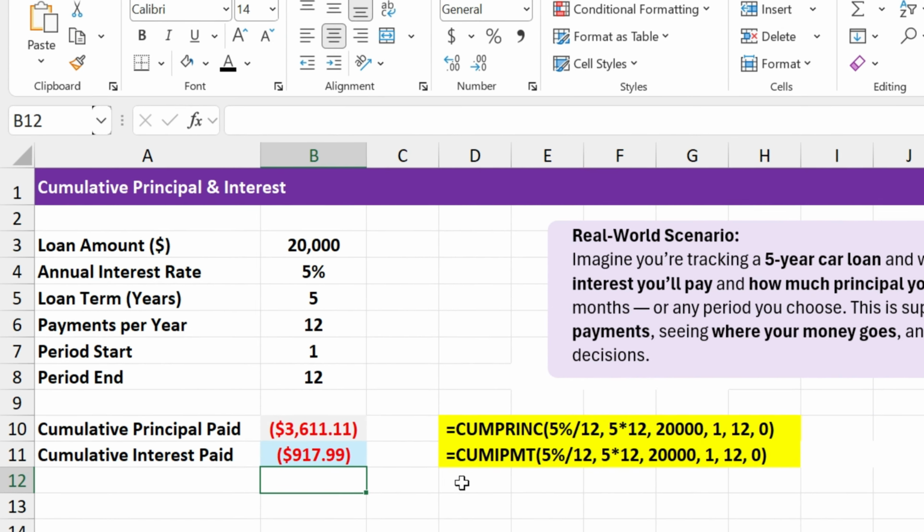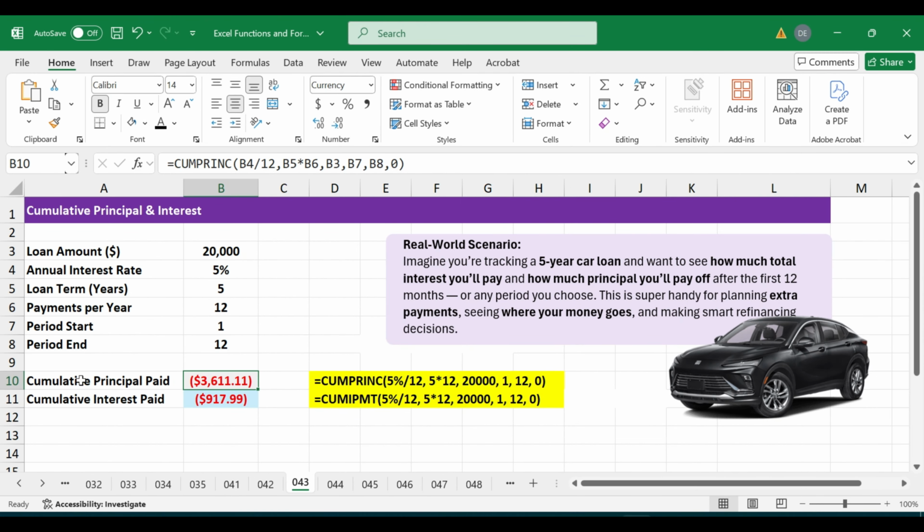Combine both, and you can see exactly where your money is going. This is gold for budgeting, early repayments, or deciding if you want to refinance later.